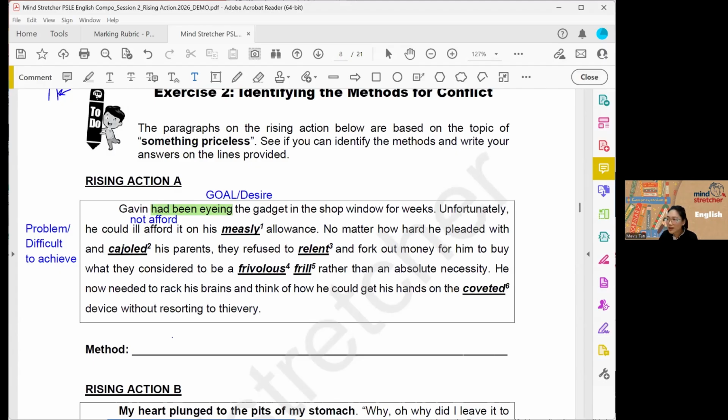He now needed to rack his brains, not to just think hard and think how he could get his hands. These are collocations. Again, it helps you in your comprehension cloze, okay? Paper 2. When you read our models or when you read anything, go and learn these collocations. So I'm just going to sidetrack a little bit because a lot of students and parents always say, how can I improve paper 2 comprehension cloze?